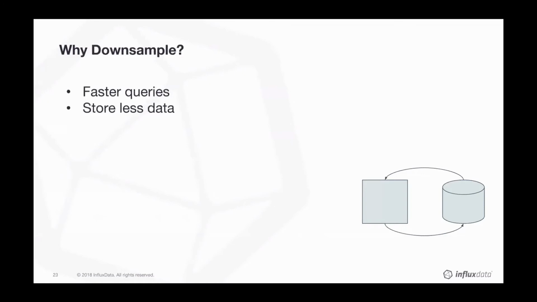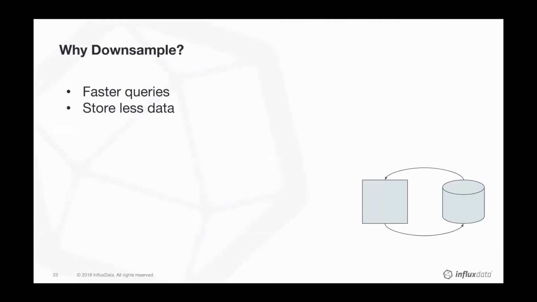Okay, so why should you downsample? As I was saying, time series data is generally coming in high volume, and because of this, storage concerns could quickly arise. So we downsample data so that we can have faster queries in future, and over time, you might not want to store data from a month ago in such high granularity.